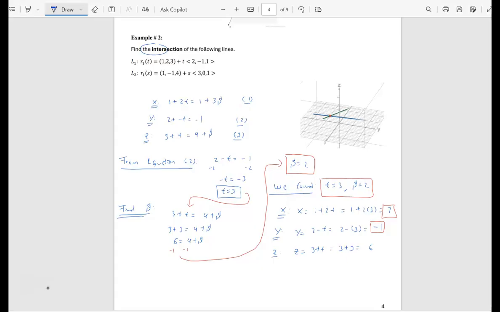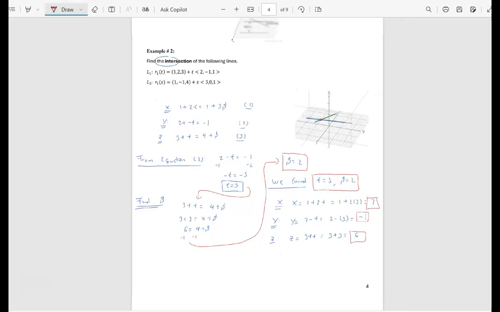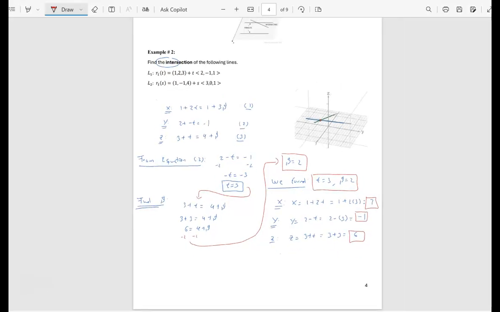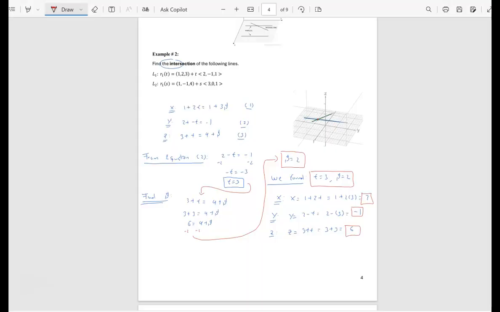This is equal to 6. Let me write the answer: the intersection happens to be at x, y, and z, in this case, 7, negative 1, and 6.